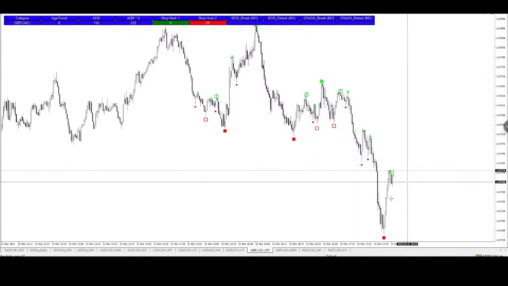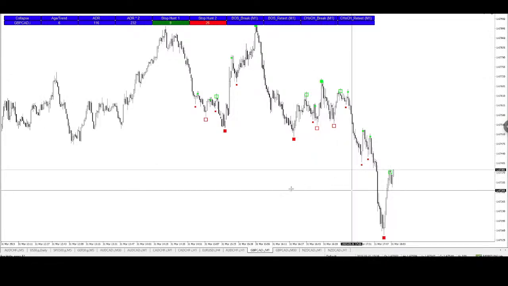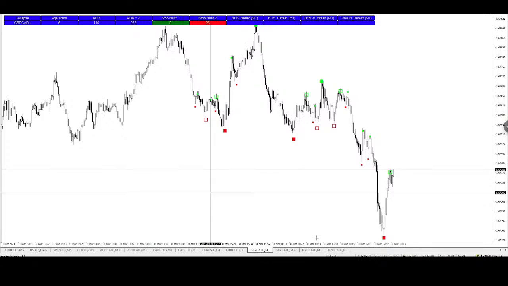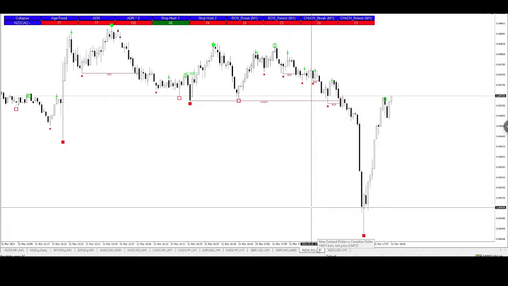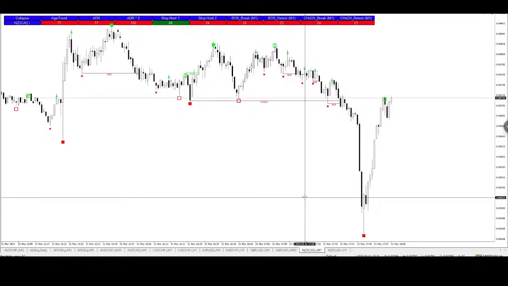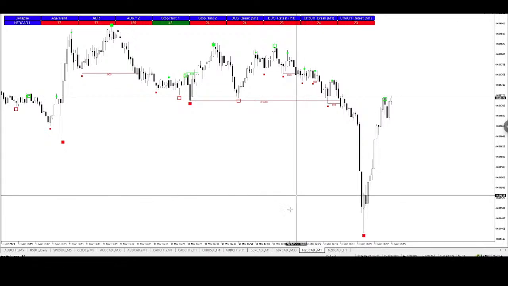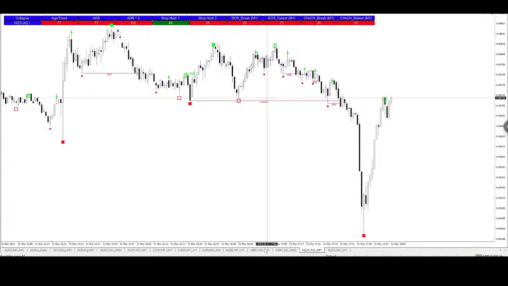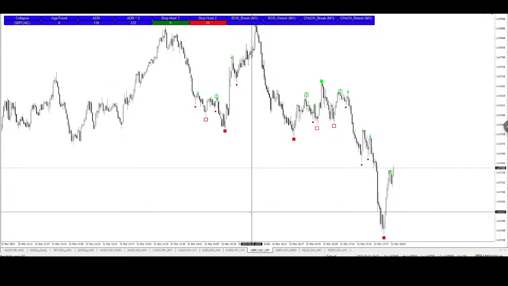Let's see what it does. If it's going to give us a 1-minute break of structure, let's see. Let's go to NZD CAD as well. Oh yeah, it might give a 1-minute break of structure. Let's see. It's mad impulsive. This one here seems more.